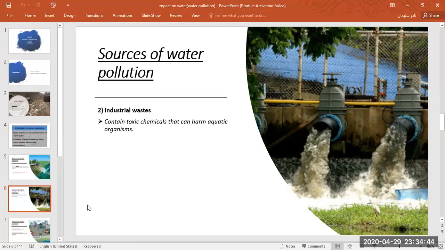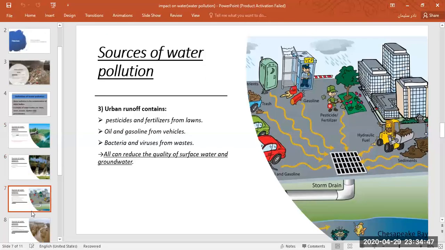Okay, now the third cause of water pollution is the runoff from urban areas, or urban runoff. As you know, urban areas are the areas where people go to the sites of the cities and build their houses. And we said that urbanization has negative impacts on the environment. One of these negative impacts is causing water pollution.